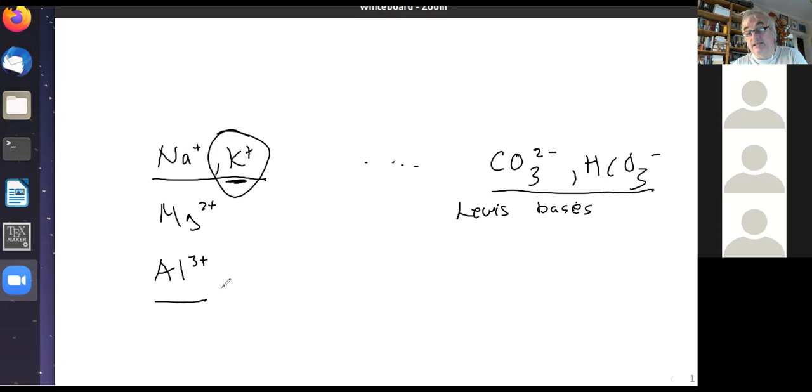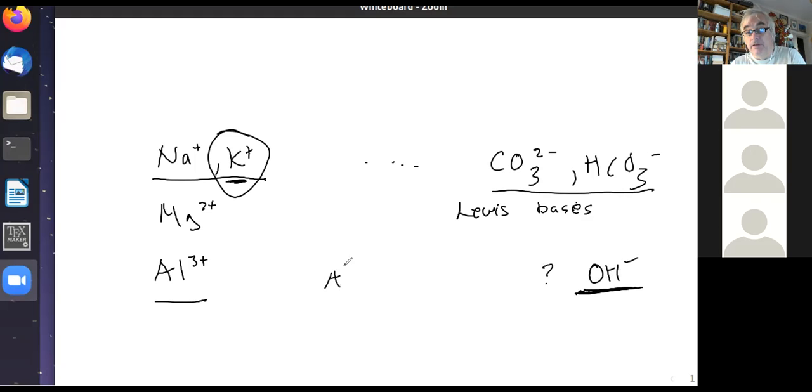aluminum is an acid cation. There are hardly any basic ions that can compete with the acidity of aluminum. It would be hydroxide ion, but these do not usually come freely because they combine.